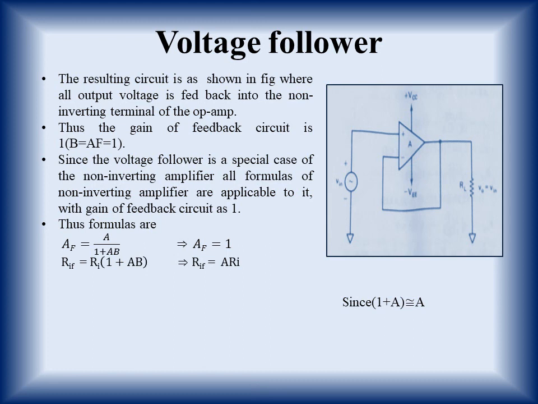Here B is 1, and 1 plus A can be written as A. So RIF in case of voltage follower is A times RI.